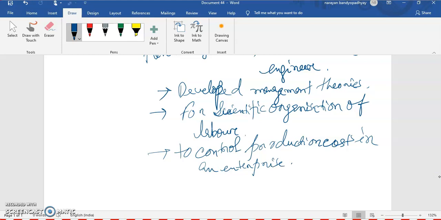So he was the first person to identify the functions of management as plan, organize, command, coordinate, and control.